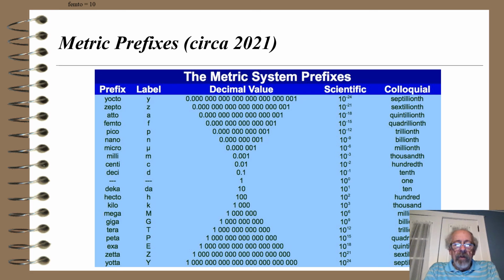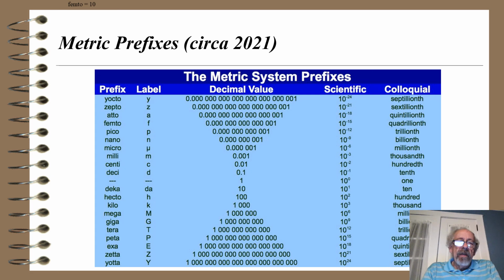When you go the opposite way, a tenth is a deci, centimeter or centi, milli or m or 1,000ths, micro is mu or 1 millionth, nano is 10 to the minus 9th, pico is 10 to the minus 12th, femto, small f, 10 to the minus 15th, atto, 10 to the minus 18th, zepto, small z, 10 to the minus 21st, and yocto, or small y, 10 to the minus 24th.